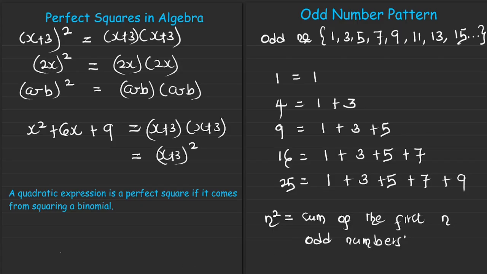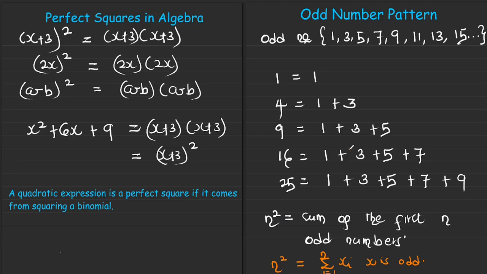Or you can use the summation symbol to write it as n squared is equal to the sum from i equals 1 to n of x_i, where x is odd. You see, as simple as that. This is a pattern that relates the sum of odd numbers to perfect squares.